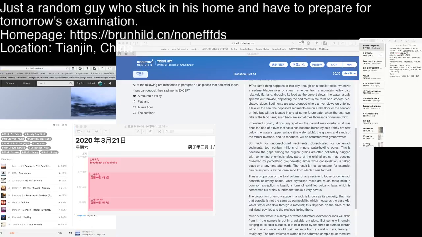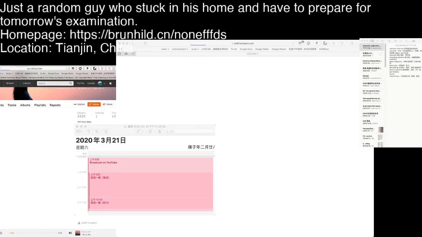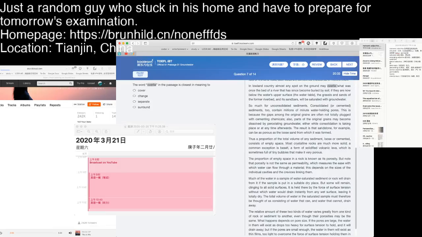That's just not working. Is it having no response? Oh, frick. Because my page is getting crashed. Okay. It's so frustrating.